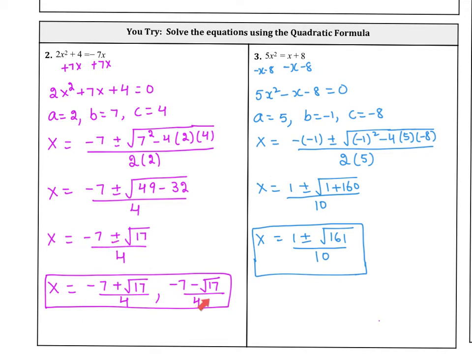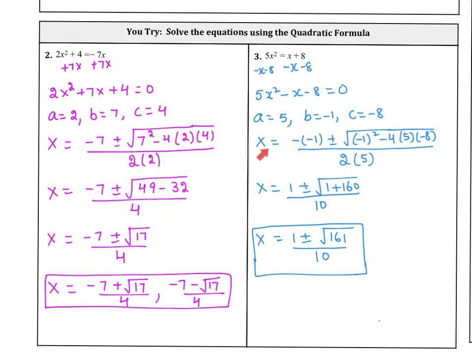For number 3, I'm going to subtract x and 8 on both sides to get this side 0. So you're going to have 5x squared minus x minus 8 equals 0. So in this case, you have a is 5, b is negative 1, and c is negative 8.